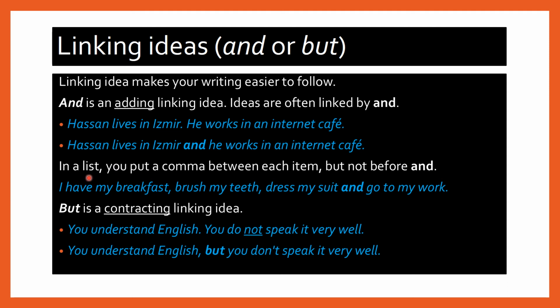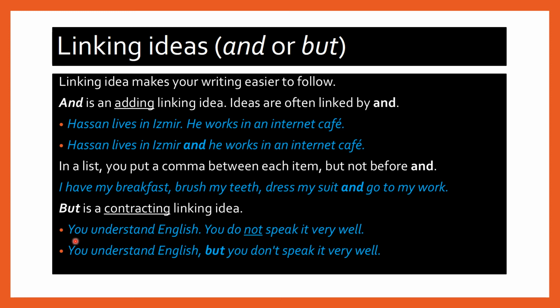In a list, you put a comma between each item, but not before and. For example, I have my breakfast, brush my teeth, dress my suit, and go to my work. The other linking idea is but. It is a contrasting linking idea.